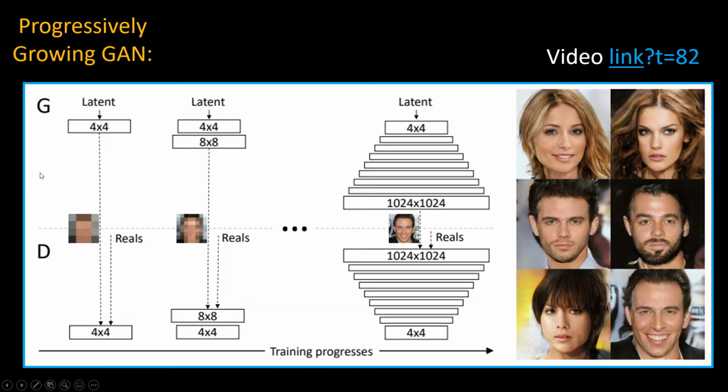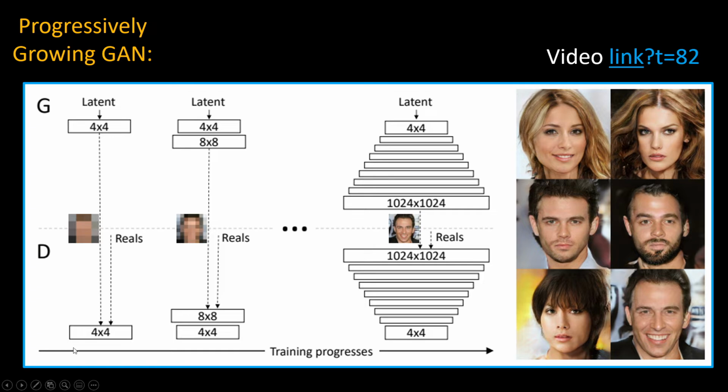There are some tricks in there, but the most important trick they are using is that they are iteratively increasing the resolution of the generated and also the discriminated image. Inside their architecture, they are adding blocks of convolutions and upscaling and downscaling.